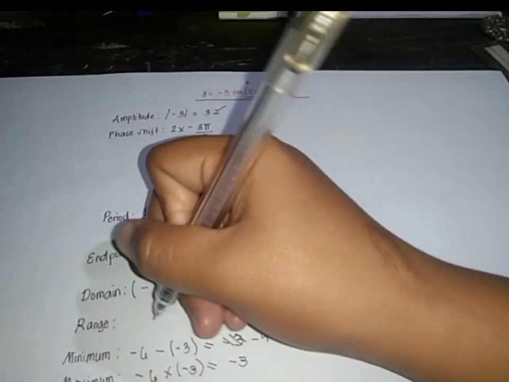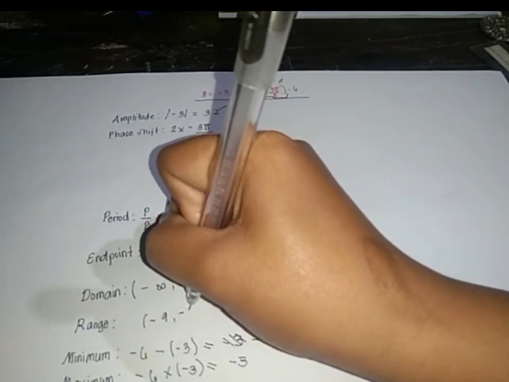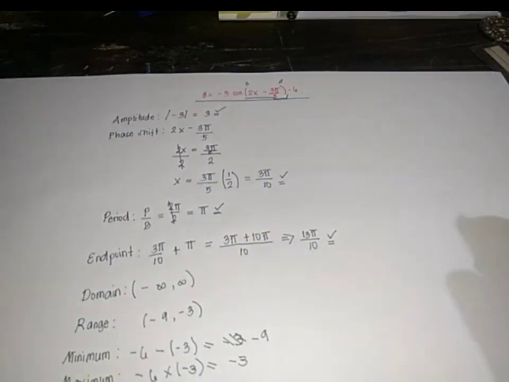So we have negative 9 and negative 3 as the range.